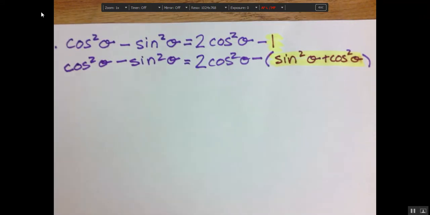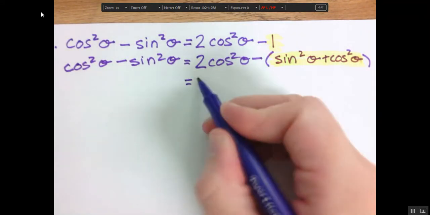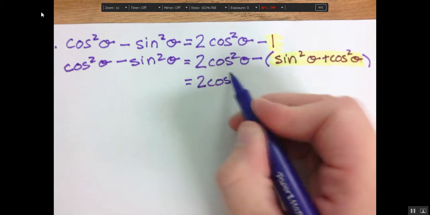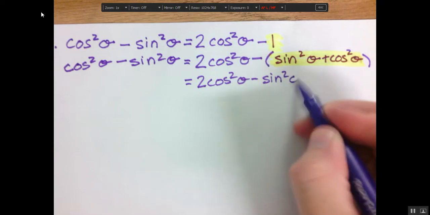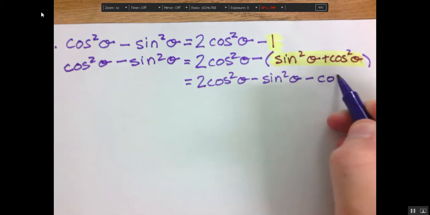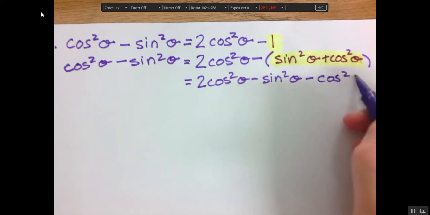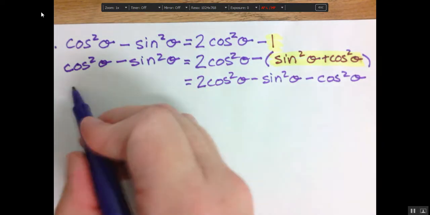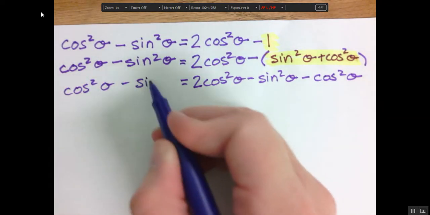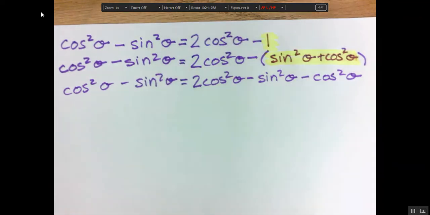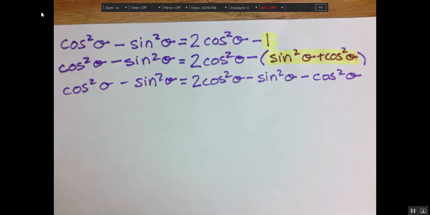All right, so if I distribute that minus, I can show that. 2 cos squared theta minus sine squared theta minus cos squared theta. All right, do you see any like terms I can combine? Yeah, what are they?